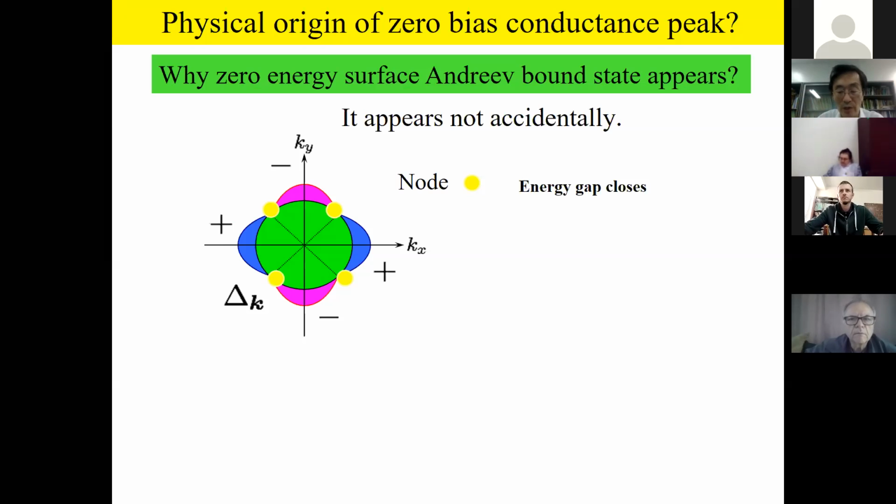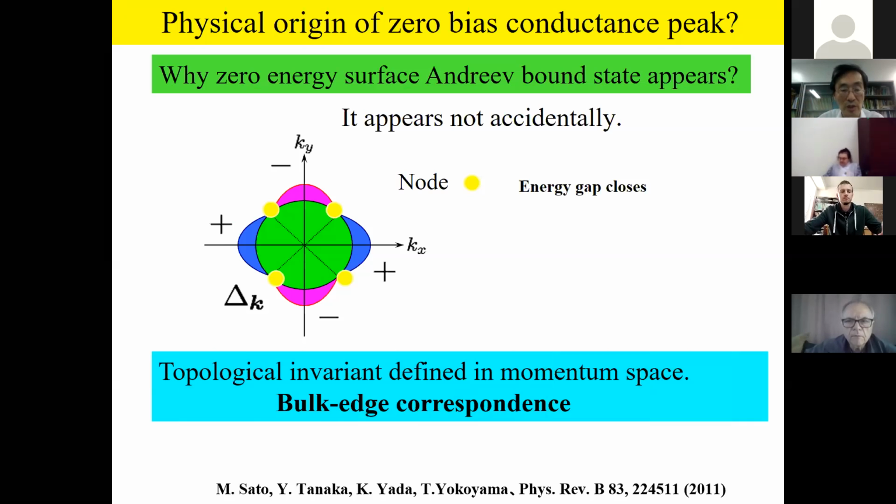First, it should be mentioned that a topological invariant defined in momentum space is possible, and the origin of nodes in unconventional superconductors can be understood recently by the so-called topological number.